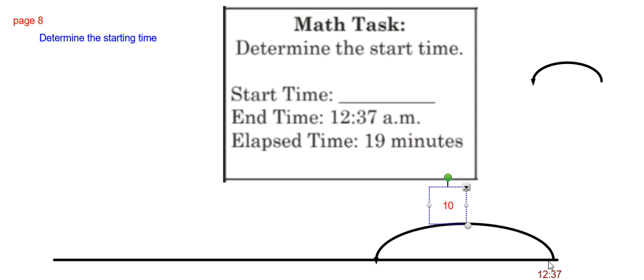So 12:37 minus 10 minutes. So 37 minutes minus 10, how much would that be? Correct, 27. So the time here will be 12:27. Okay, perfect.